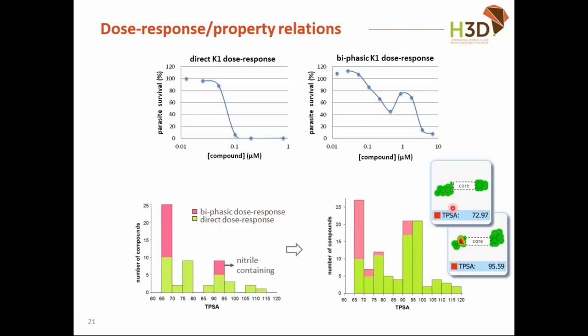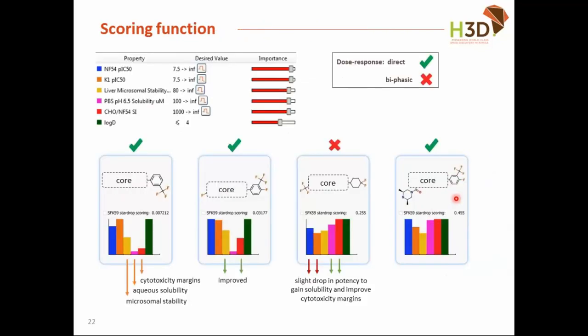So the best substituents were the p-pyrazine-like substituents. So one of the compounds that matched all our criteria was this compound, and it didn't have that biphasic curve. So that's where we stop for the early lead, for the late lead.